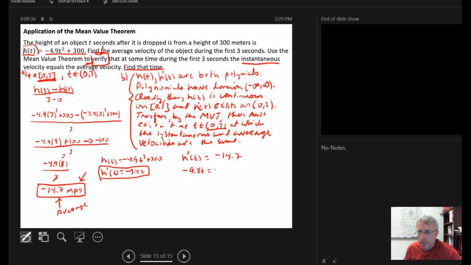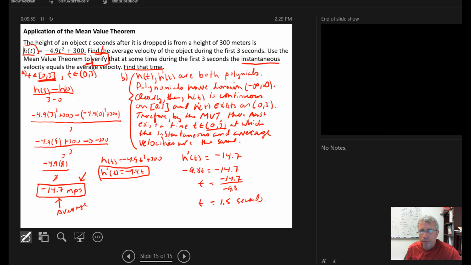So when is the derivative equal to the average? Or when is the instantaneous rate of change equal to the average rate of change? Divide both sides by the negative 9.8 to get time by itself. And negative 14.7 divided by negative 9.8 is 1.5 seconds.